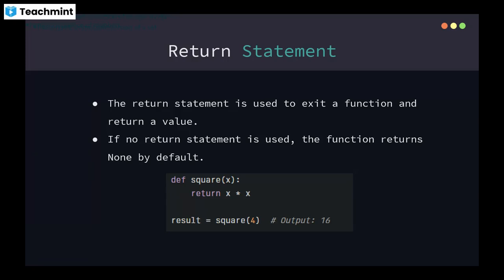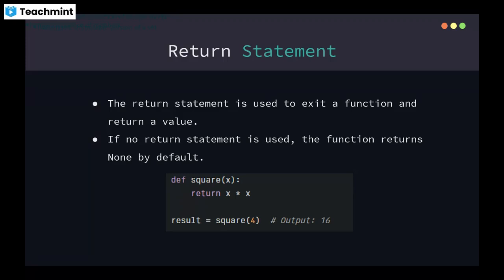Here you can see an example where we have created a function square, which is expecting an argument x. Here we are squaring that element, which is multiplying the same element with the same value, so we are performing x into x, and returning that value. Instead of printing that value, we're just returning it. That returned value will be collected into this result variable, so that we can further use that variable in our program.